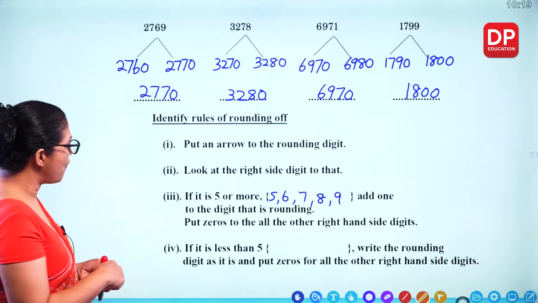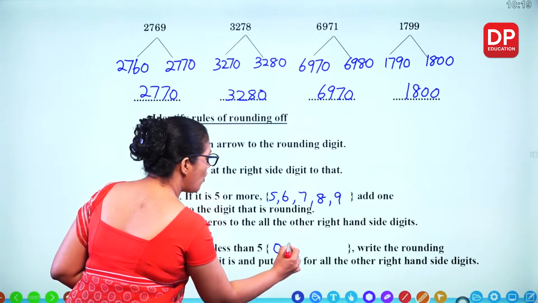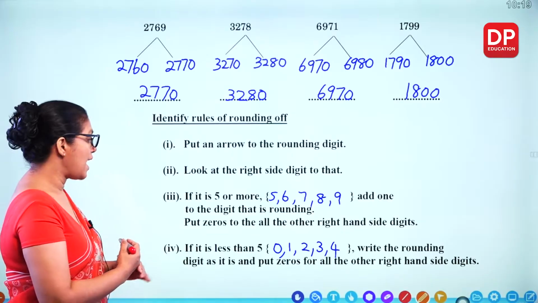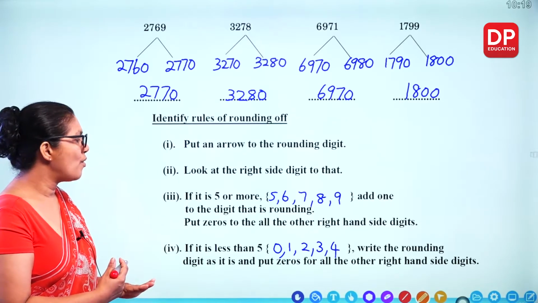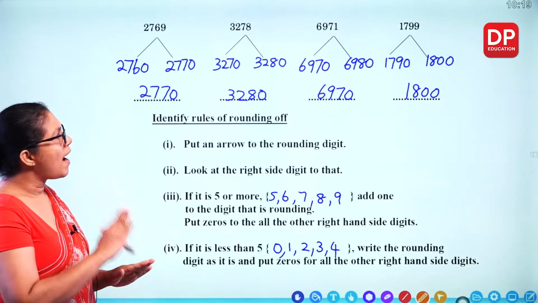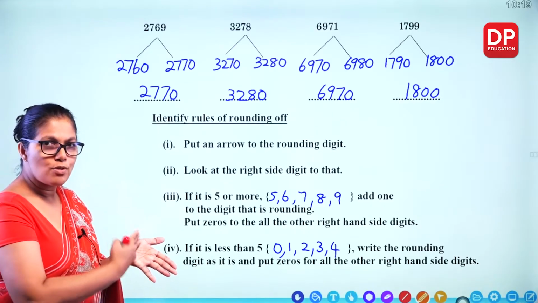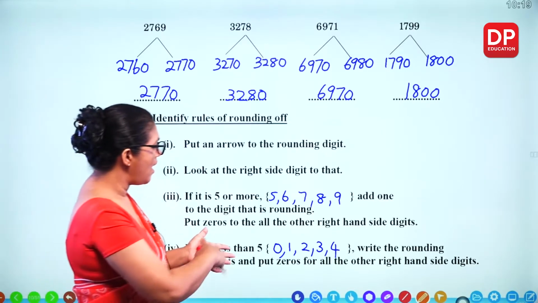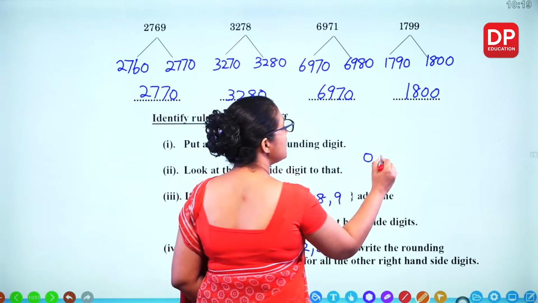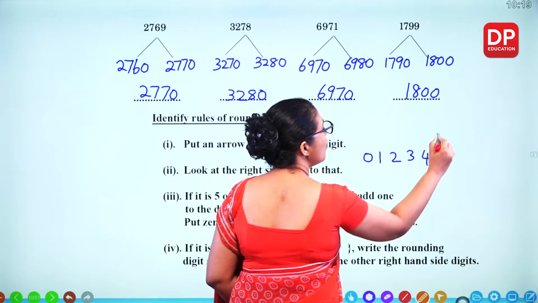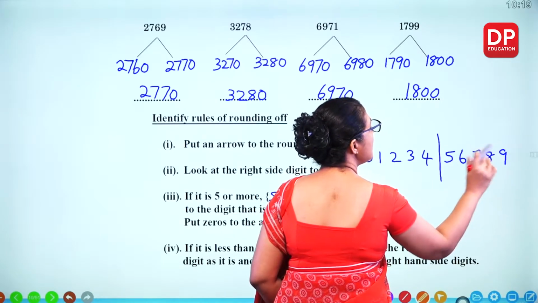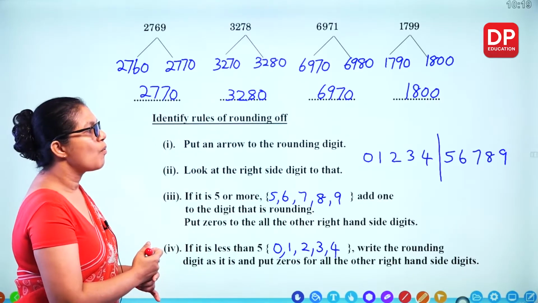If it is less than 5, it can be 0, 1, 2, 3, 4, write the rounding digit as it is and put zeros for all the other right hand side digits. So that's what happened. 5. If it's midway, you need to take the highest value. That means you are adding 1. So remember, if this is 0, 1, 2, 3, 4, we don't add it. If it's 5, 6, 7, 8, 9, we are adding 1 to that.